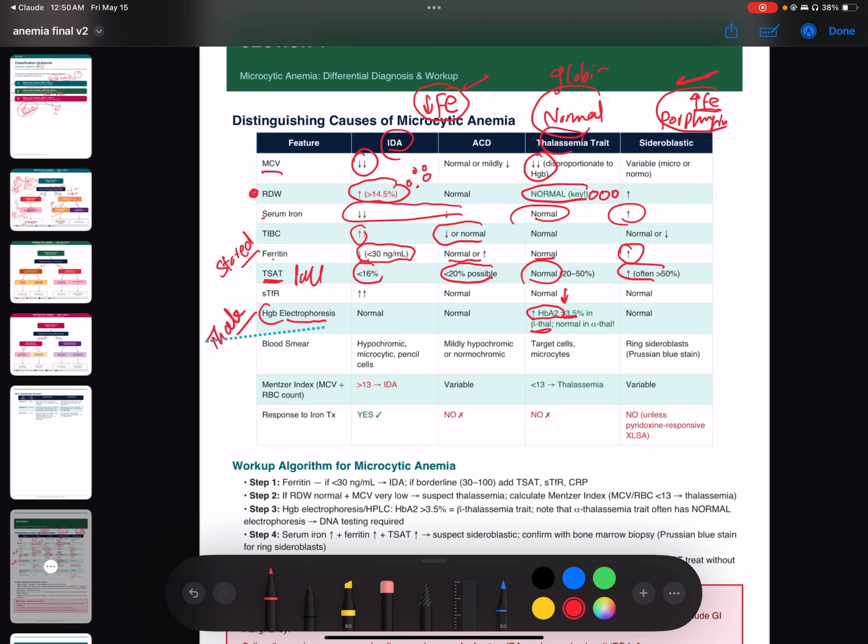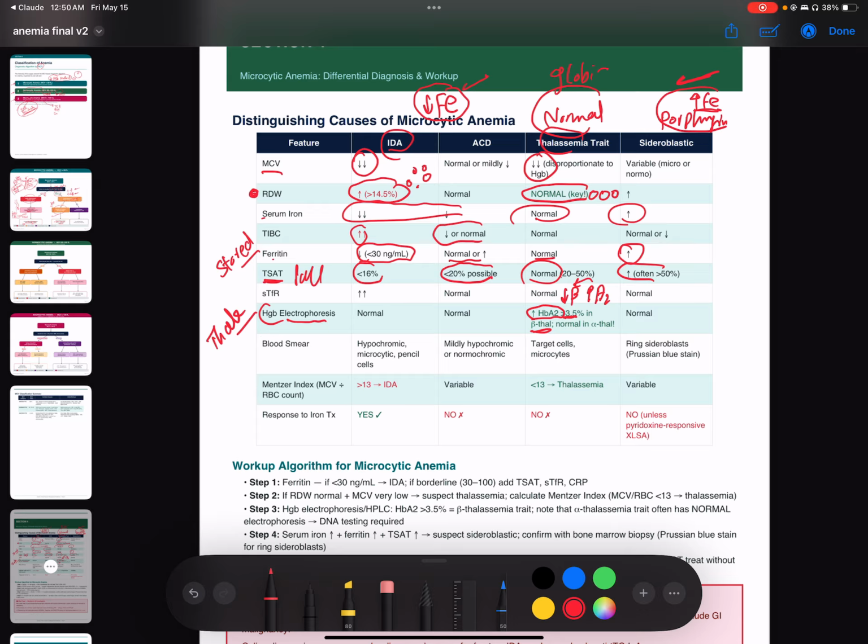Because if you have beta thalassemia and you have a decrease in the beta globin, what will happen to the alpha 2 or the A2 globin? It will increase to compensate for the decrease in the beta globin. So in beta thalassemia, if you do hemoglobin electrophoresis, the HbA2 will be more than 3.5.